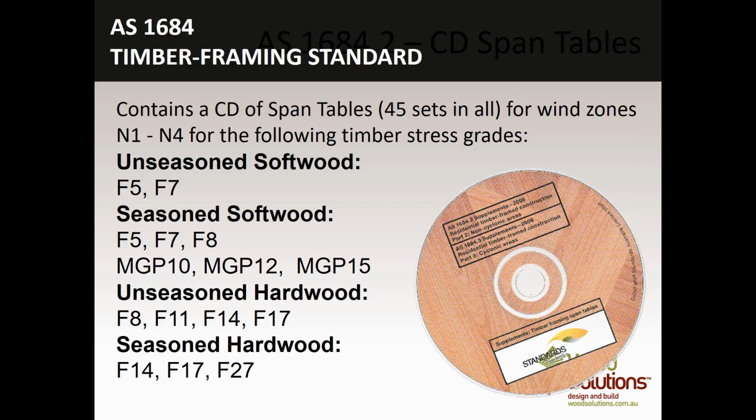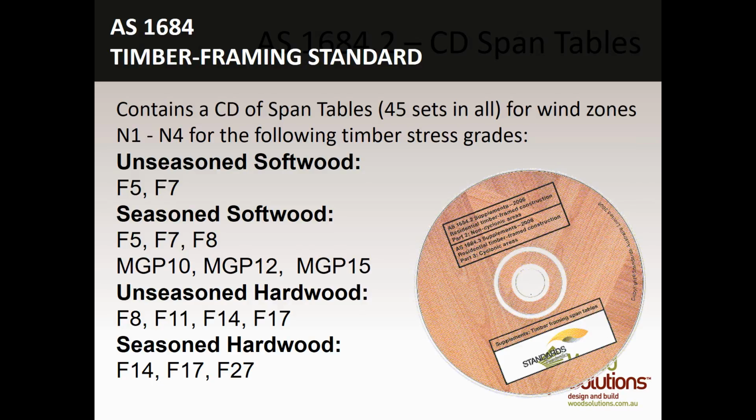So the really common span tables you'll need are certainly MGP 10 and possibly MGP 12. But typically what is done is you specify it as MGP 10, and the timber supplier may have MGP 12 and they'll supply MGP 12 in place of MGP 10.